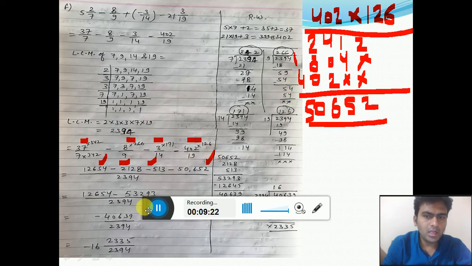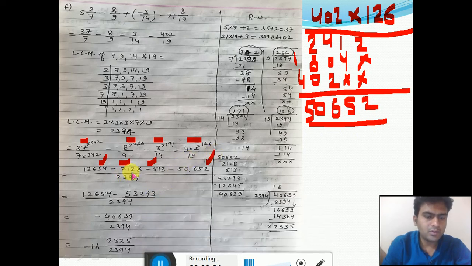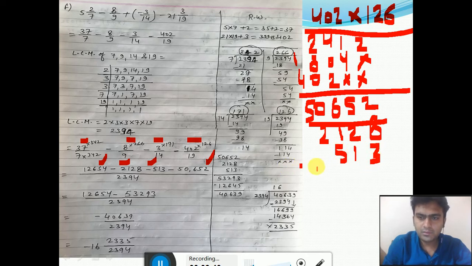Now we will add all the negative numbers because these three are in the negative sign. So we will add these all. So 2128 we will write here, and 513 also we will write in the downside of this number. Now add all these three numbers.